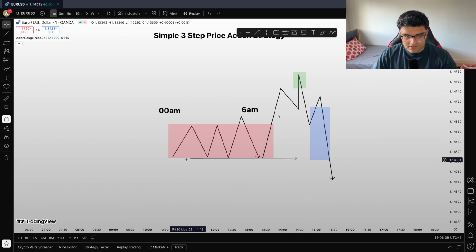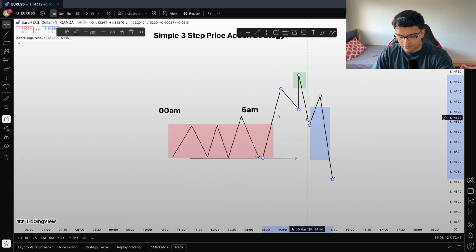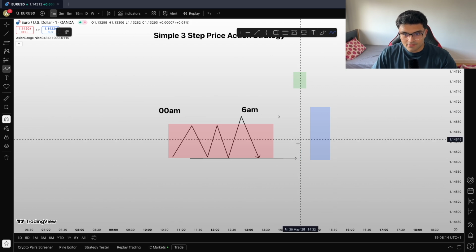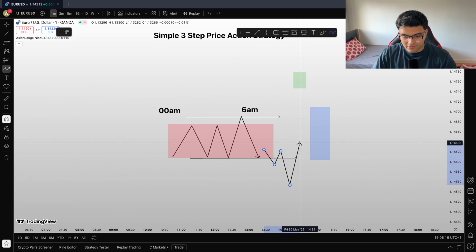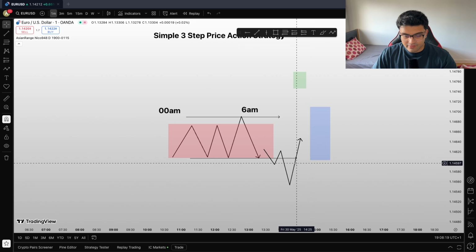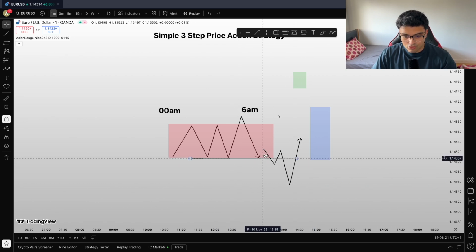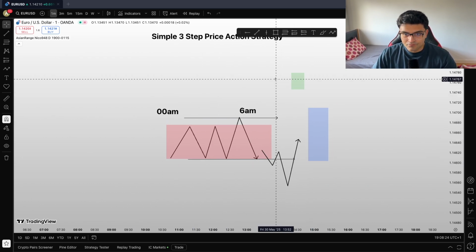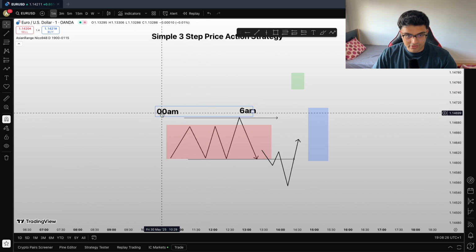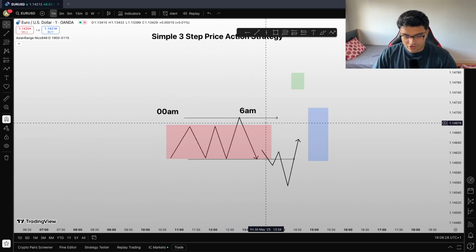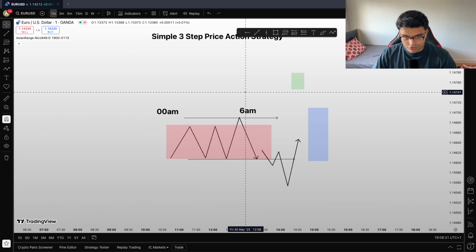And vice versa, if the Asian low gets taken out, then there's a movement up. So if we take the Asian low out like that, there's usually a move up. So we want to get into this move only after the Asian low or the Asian high is taken out. So first thing you need to know is the Asian session. Number two is the Asian high and low need to get swept for you to enter a trade.